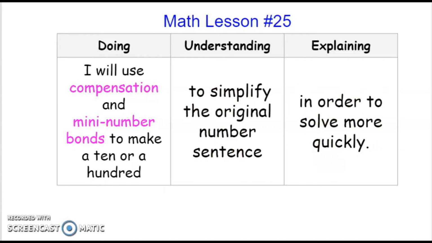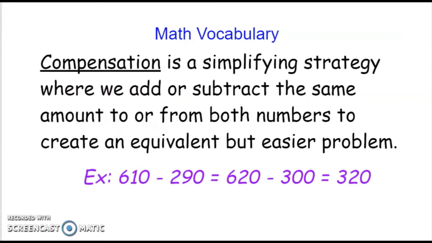Let's take a bit of a dive into what compensation is. Compensation is a simplifying strategy where we add or subtract the same amount to or from both numbers to create an equivalent but easier problem. I'll give you an example. Our original number sentence would be 610 minus 290.